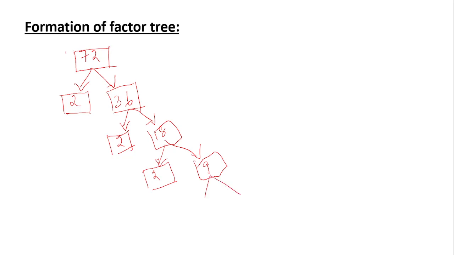Then again divide 9, because 9 is not divisible by 2, we have to try with 3. If that is also not divisible by 3, then we will choose other prime numbers. But it is clear that 9 is divisible by 3, so just write down 3 into 3.